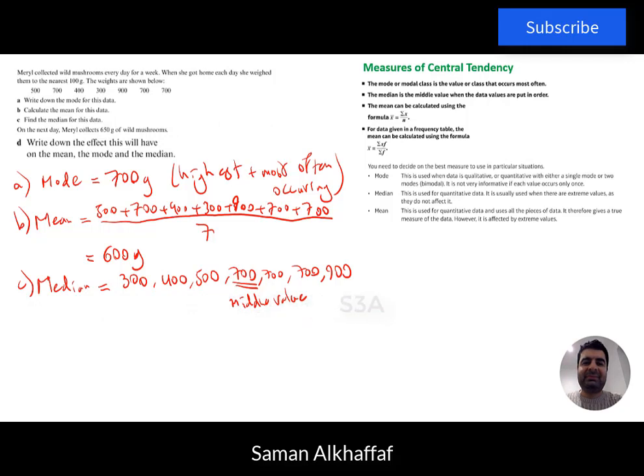Now for part D, write down the effect this will have on the mean, mode, and the median. So we say that it will increase the mean, as 650 is bigger than 600, the old mean.